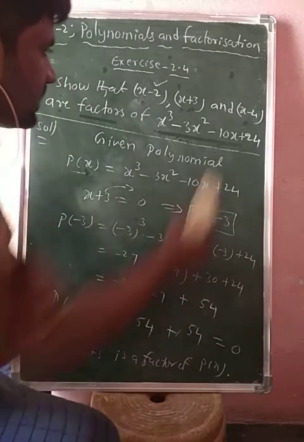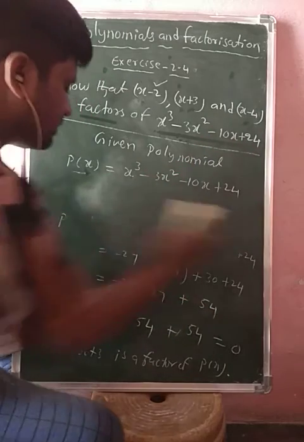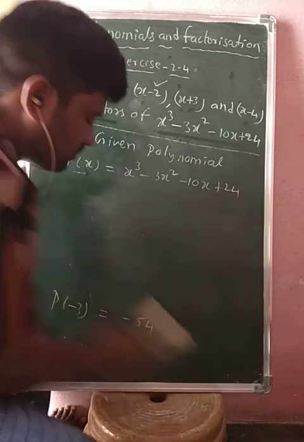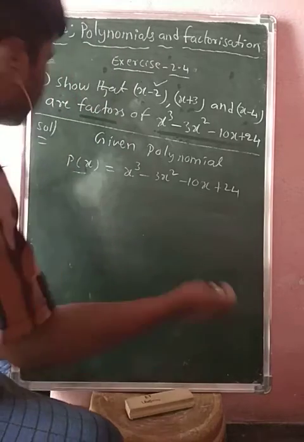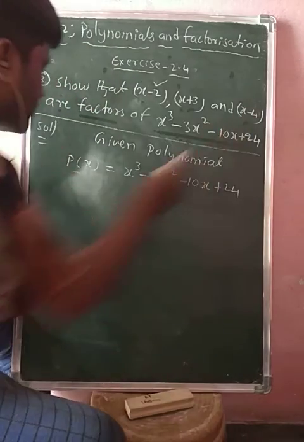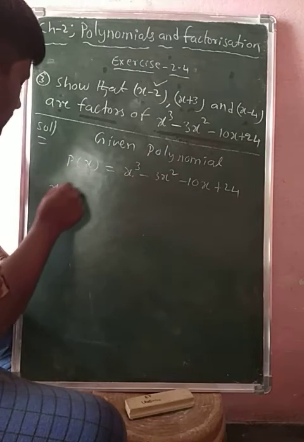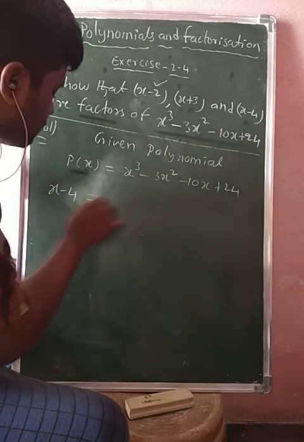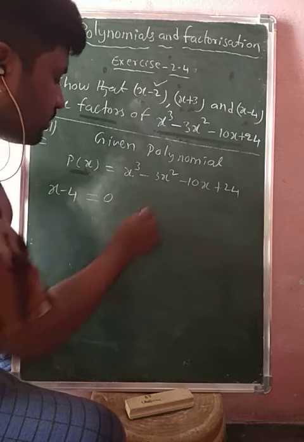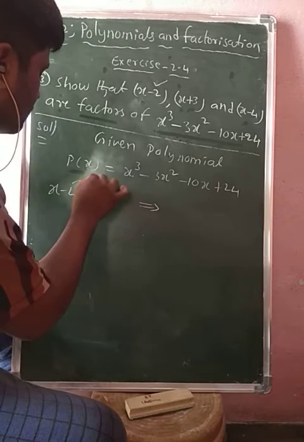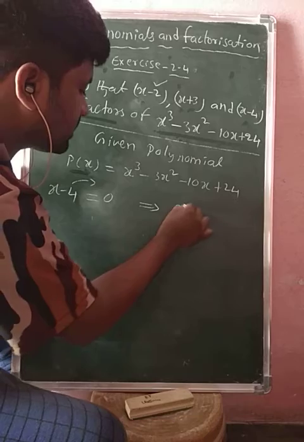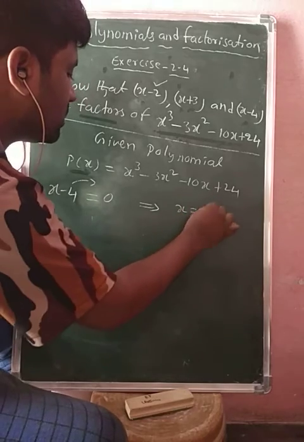Now let us check for the next one. The next one is x minus 4. I just want to equate it to 0. Then 4 is transposing to the RHS, x is equals to 4.